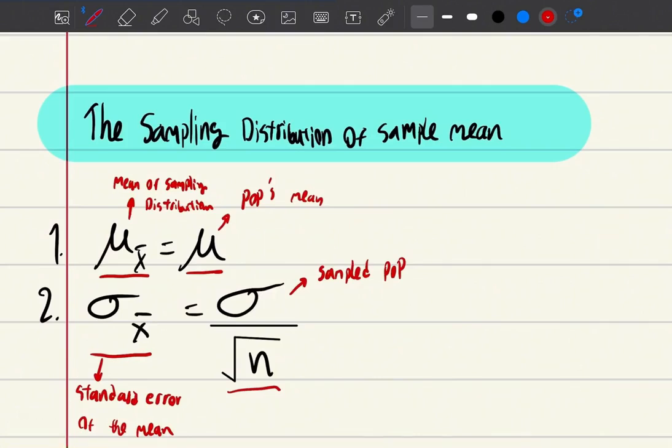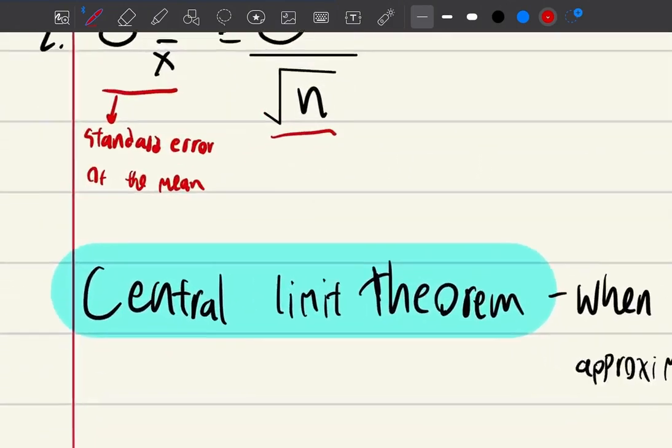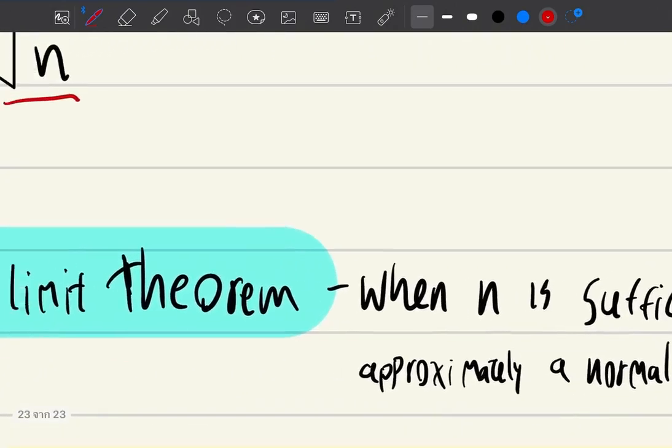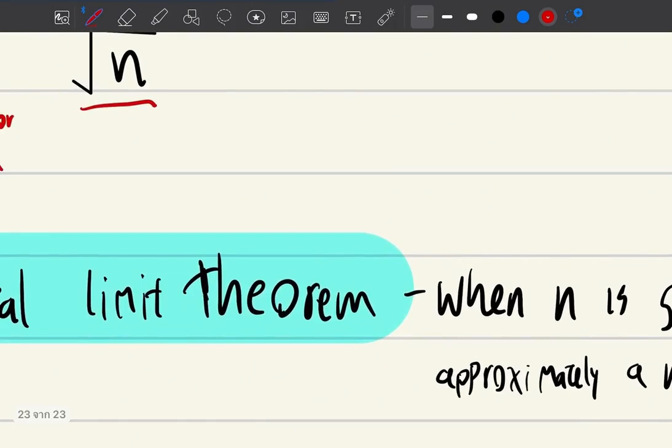Let's move on to the next part. The next part is the central limit theorem. Consider a random sample of n observations selected from a population with any probability distribution, with a given mean and standard deviation.